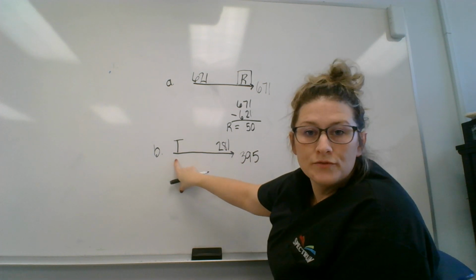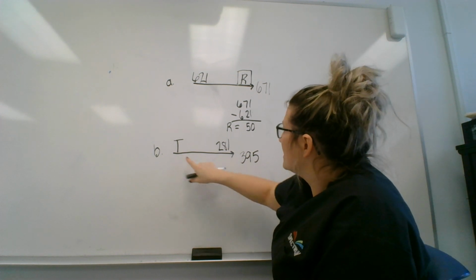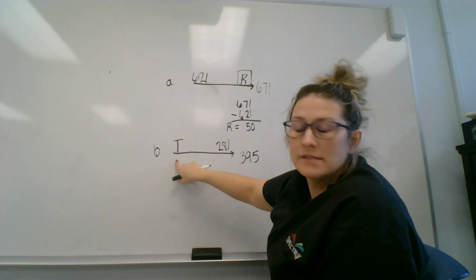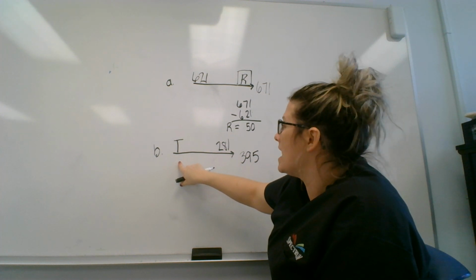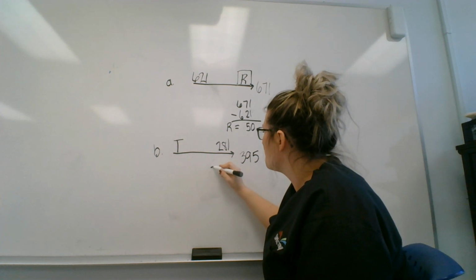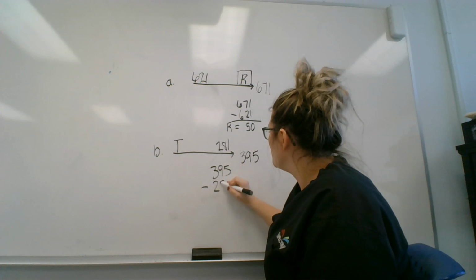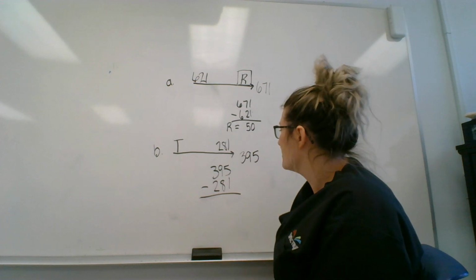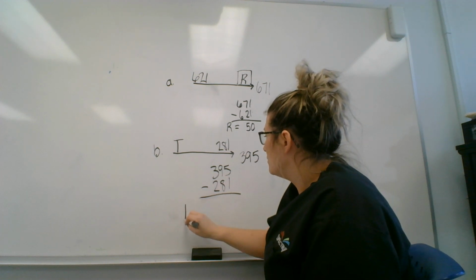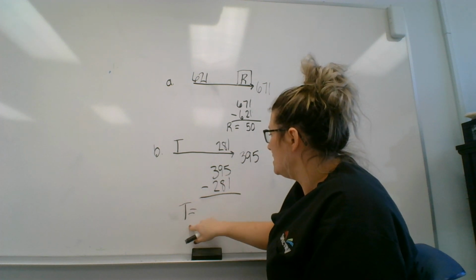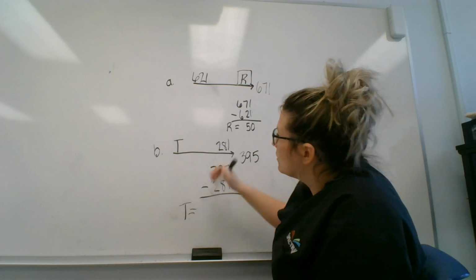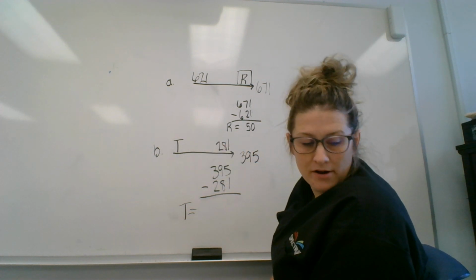Okay, I have to solve for T. So look, again, I have a missing small number. Small number means I subtract. 395 minus 281. Whatever your answer is, T equals this. You can even cross out your T and put the number above.